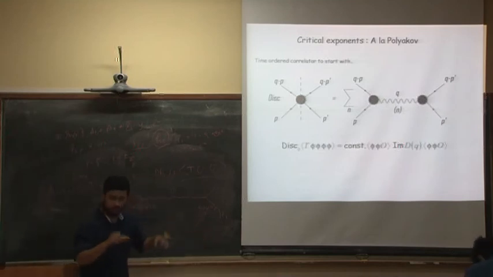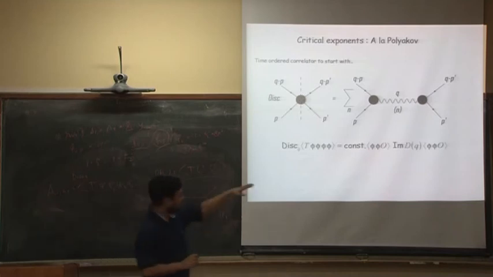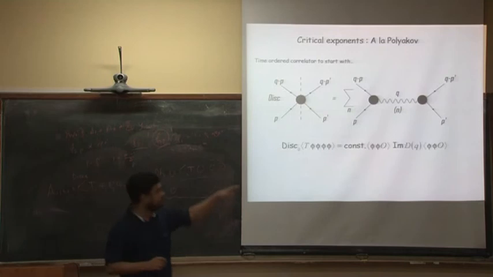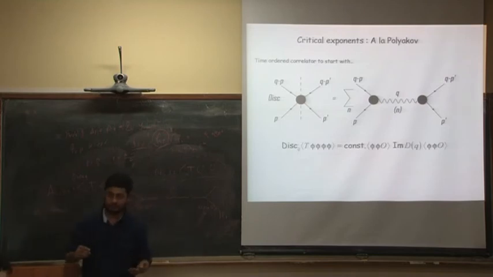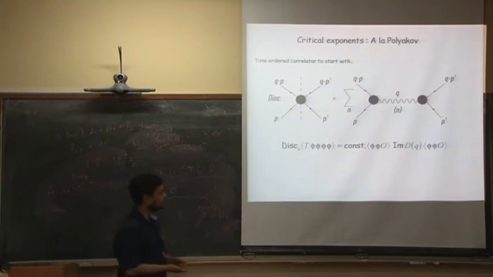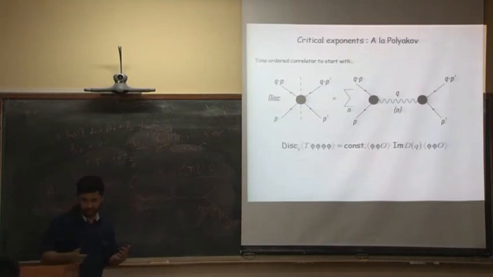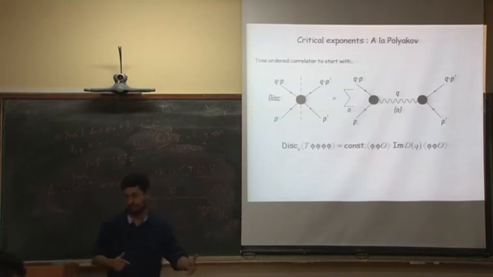To answer one part of your question, this way of constructing the discontinuous part of the 4-point function in terms of the imaginary part of the propagator will actually give you some more information than the OPE. The more information that it gives you is about the anomalous dimensions of certain operators up to subleading orders in epsilon. That's what we found as an exercise.